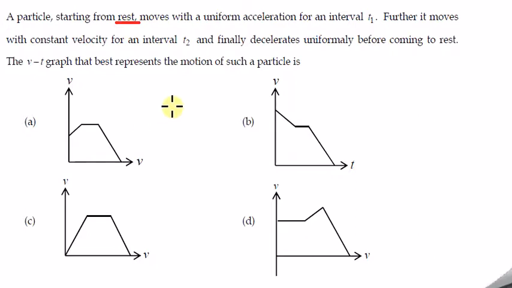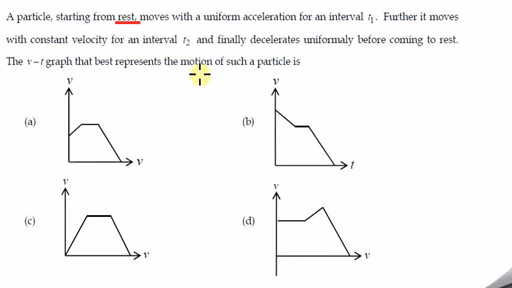But if there are two options starting from the origin, then you have to analyze the question completely. From rest means you have to immediately understand which graph is starting from the origin and which is not.